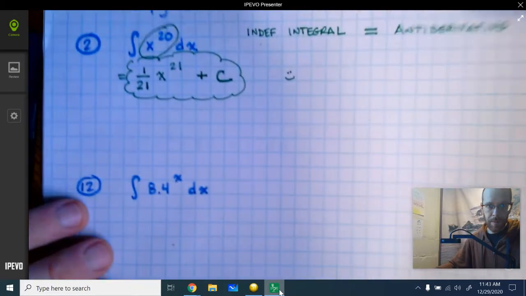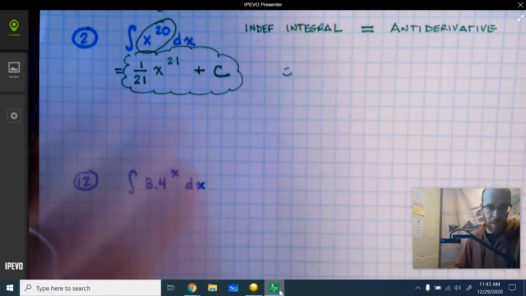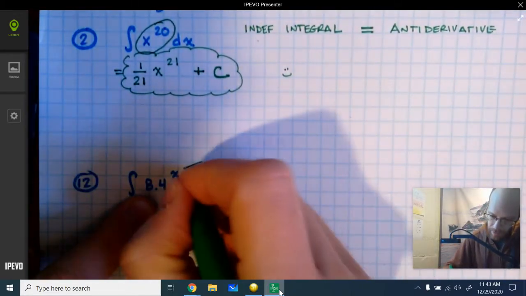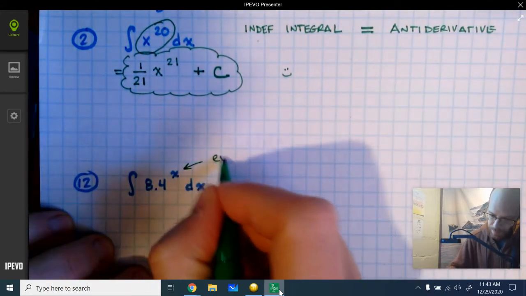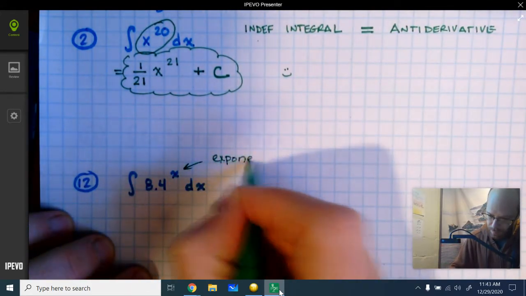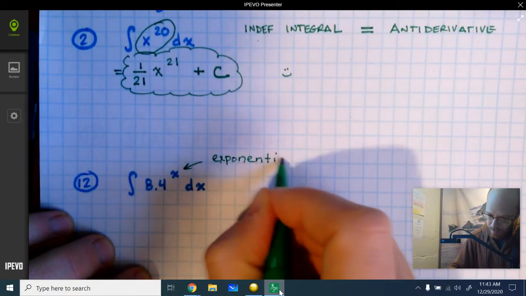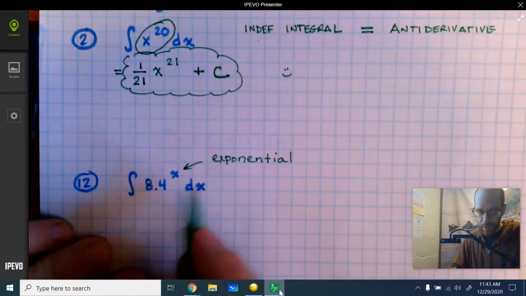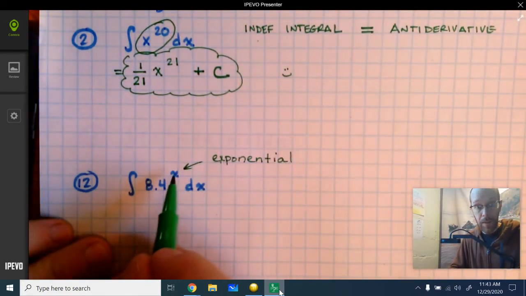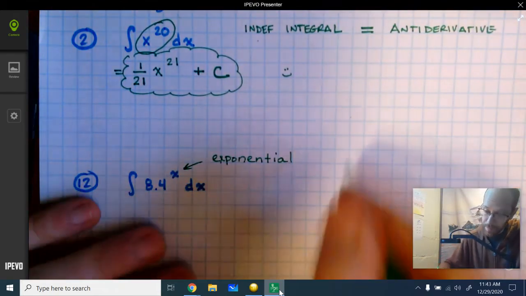Let's do number 12. Number 12 is an exponential function. And I know that it's exponential because look right here. See how that x is in the exponent? That's the giveaway.